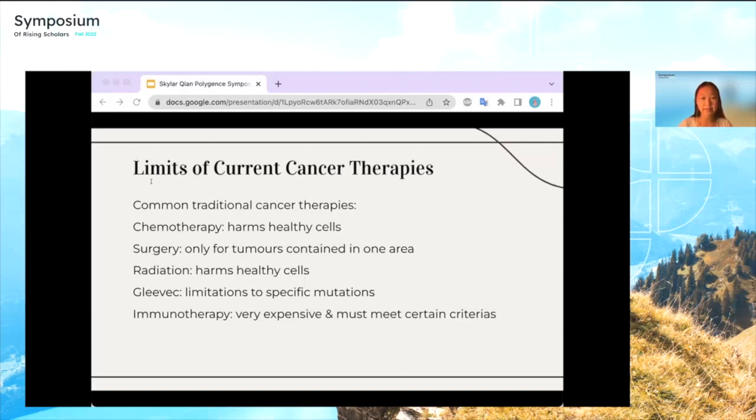For example, for the ones that are unpractical, current targeted treatments such as Gleevec basically consist of proteins that only bind to certain mutations, but it means that there are also limitations to only specific mutations, and immunotherapy in addition also is very expensive and also has that specific requirement.